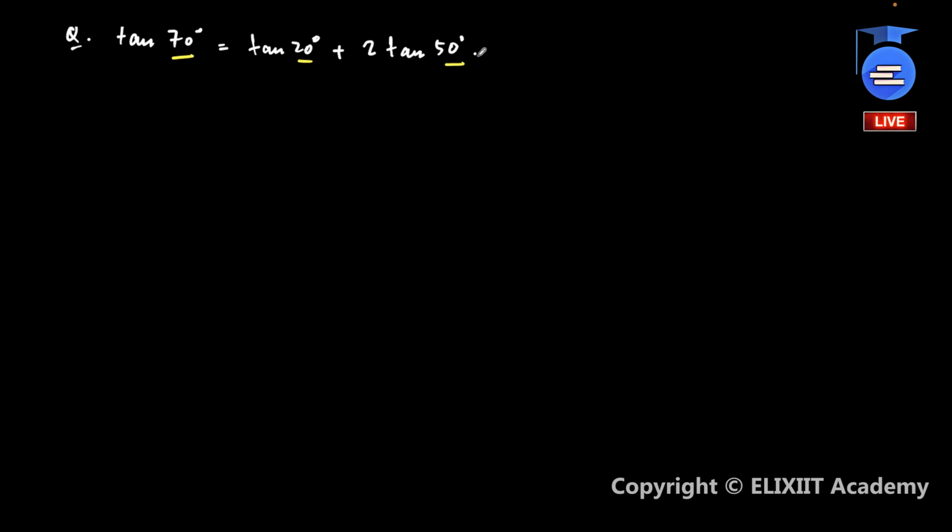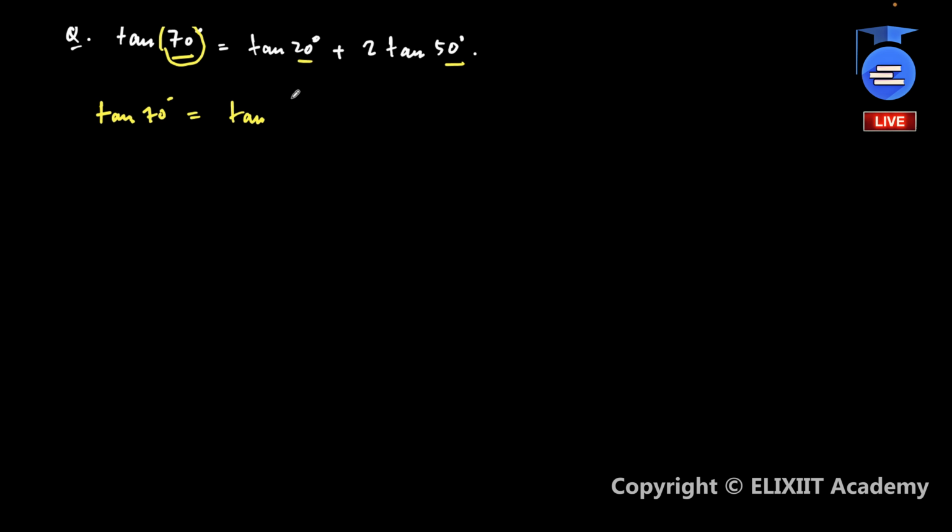The bigger angle, 70 degrees, has some relation with 20 degrees and 50 degrees. Obviously 70 degrees is 20 plus 50 degrees. So we will start with this relation, tan 70 degrees.